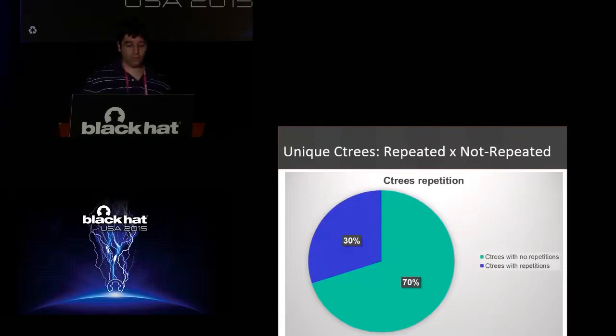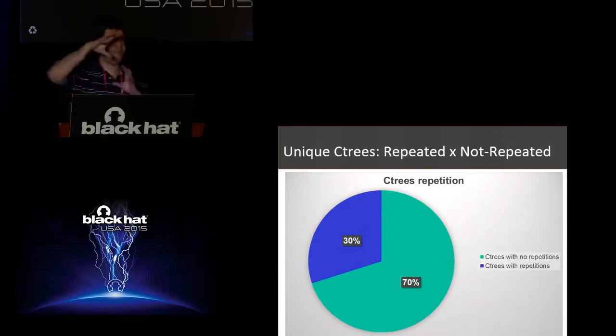Now another number here: the percentage of the unique C-trees that got repeated. We got all the 8 million C-trees we extracted that are normalized, as Eugene mentioned. In the normalization, we extracted the specific characteristics, so now we are analyzing the behavior, not the specific constant. If someone is doing 1 plus 2 or 2 plus 1, the normalization will remove this dependence.